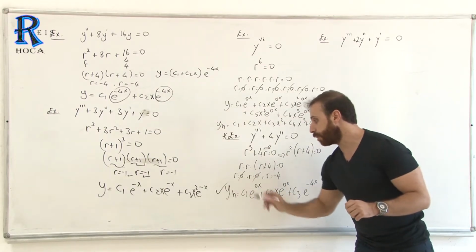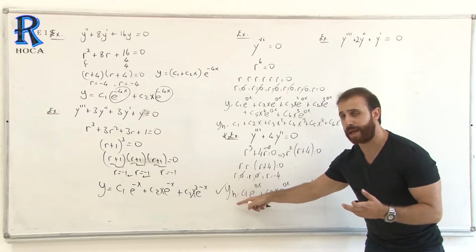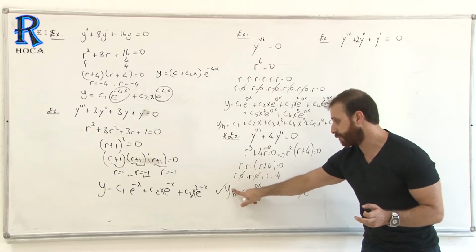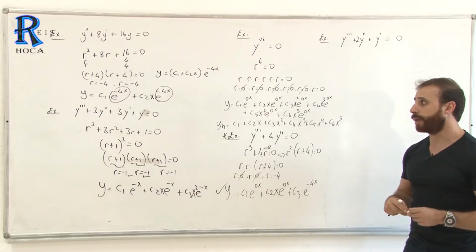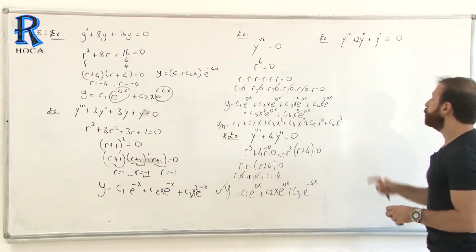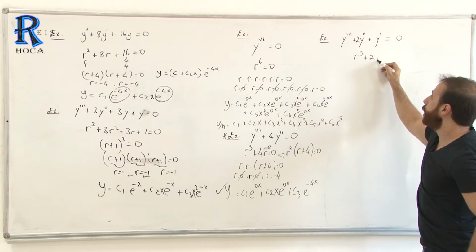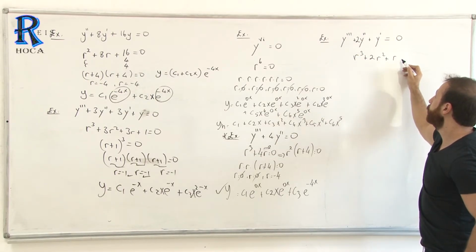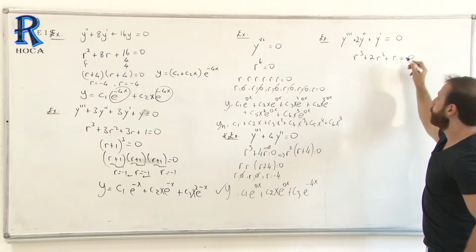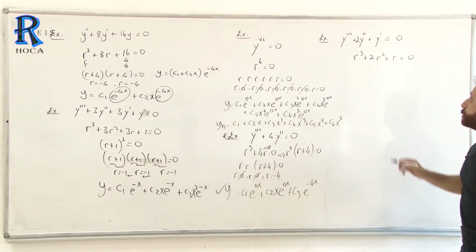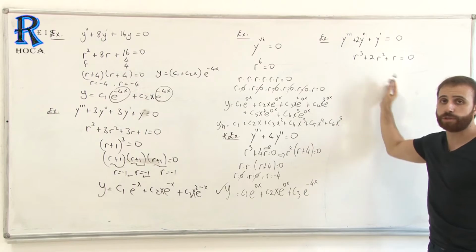This is so important. Sometimes I am using yh because this is homogeneous, that's why y or yh, they are the same, okay? So here it is r cubed plus 2r squared plus r equals 0. So r is a common factor. This is not quadratic.